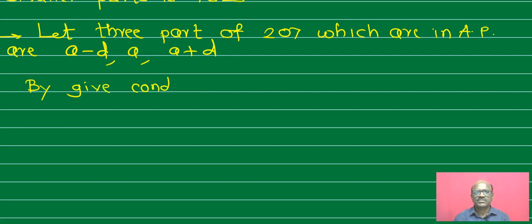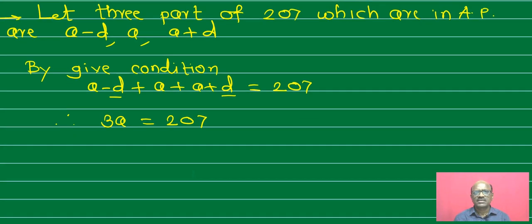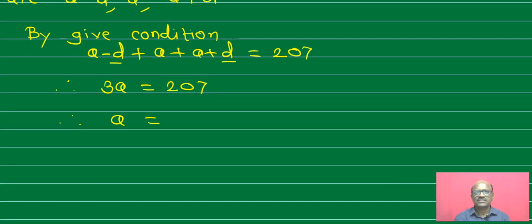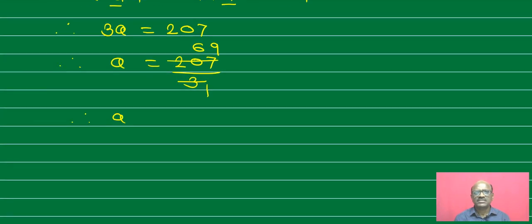By the given condition, a minus d plus a plus d is equal to 207. Plus d minus d get cancelled, then you will get 3a is equal to 207. Therefore, a is equal to 207 upon 3, that is 69. a is equal to 69.